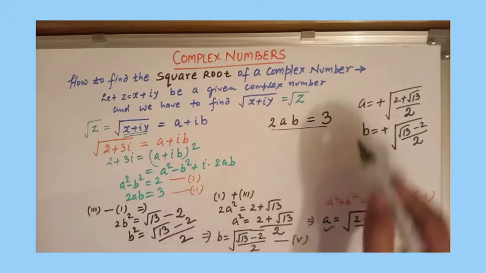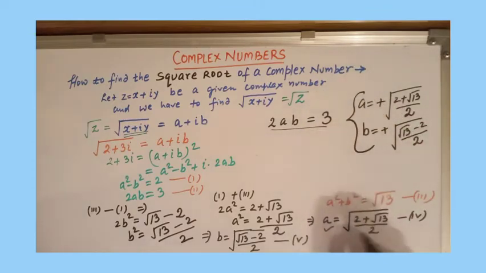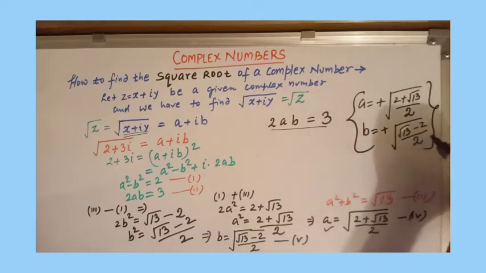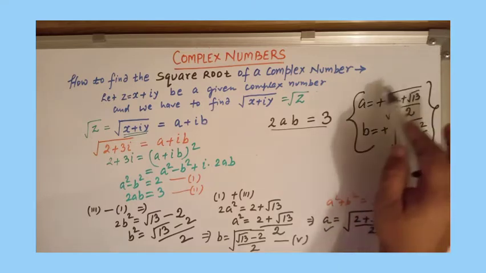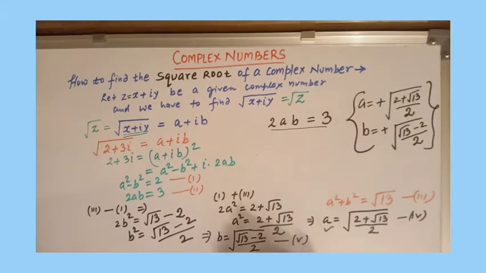Clear? So one pair of the values of a and b is given by these values. Clear? And if we take the negative values of a and b, then we have the other pair.